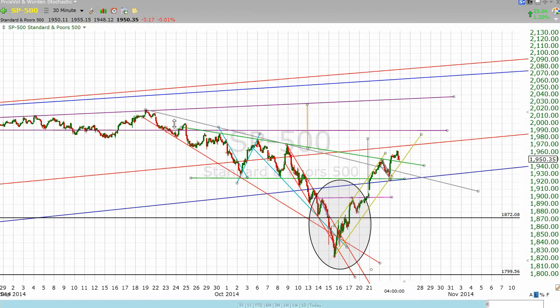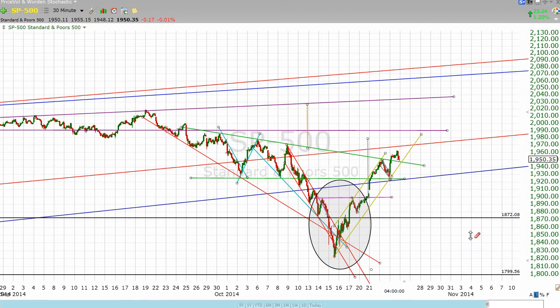In other words, if we start with this peak back here and then we choose any of our additional peaks at any point since then, we are now over all of those potential trend lines. That's just a little something that tells you that this market really has had some legs since we hit that low down in the low 1800s.